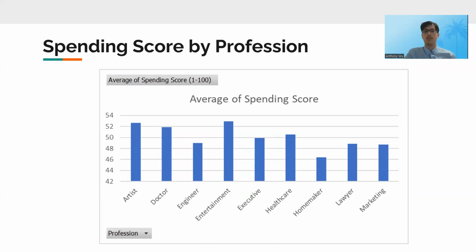The lowest one, which is homemaker, is a little bit over 46, while entertainment is a little bit over 52. And the difference between those numbers isn't actually that great. So the store owner shouldn't really be focusing on just one profession if they want to focus on the spending score for the profession.